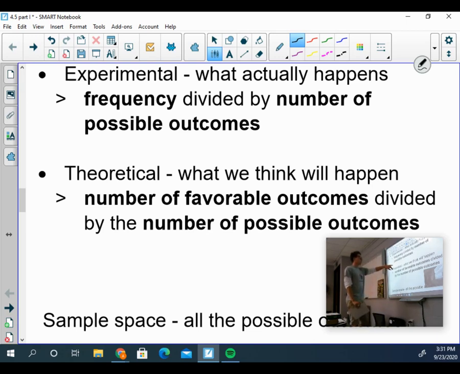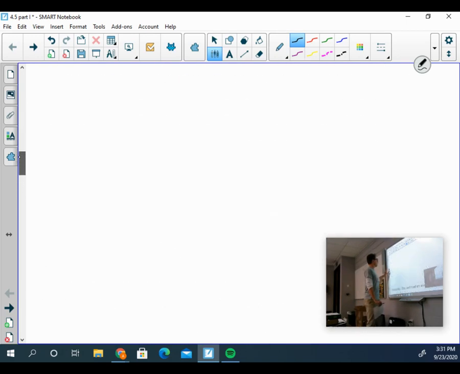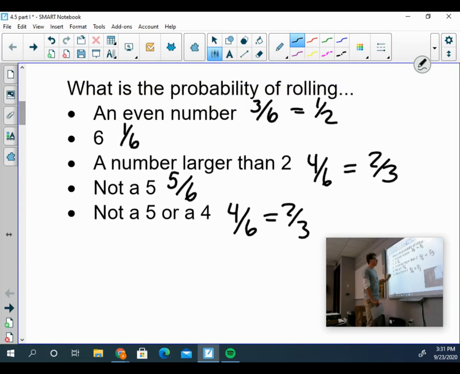Theoretical probability is what we think will happen. That is the number of favorable outcomes divided by the number of possible outcomes. The example above was theoretical probability. We didn't roll the die 6 times and get 3 even numbers. No, we thought about it theoretically.